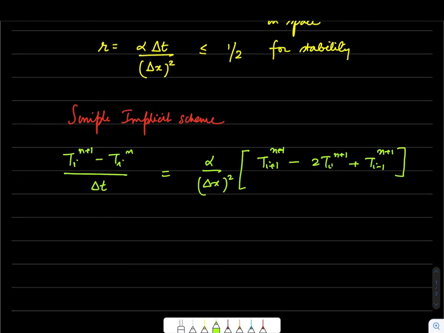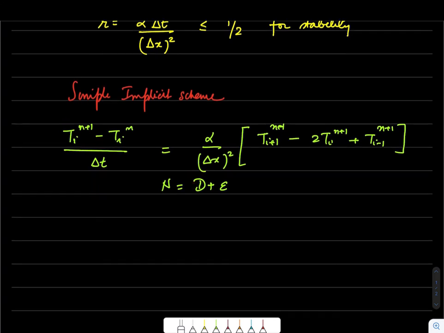And now note that we can again write that the numerical solution is the most accurate solution plus an error term, and the accurate solution obtained by a computer of infinite accuracy will again cancel on both sides of the equation. So finally what we will have is an equation for the errors itself.